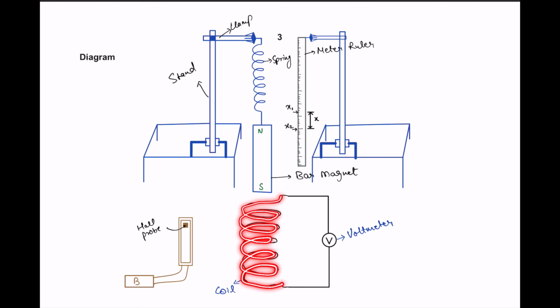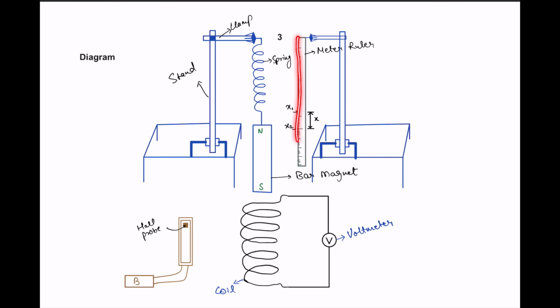That coil should be just vertically below the bar magnet, and this curved coil should have a greater radius than the bar magnet, so that the magnet can easily go inside the coil without any hindrance. And I have connected this coil with a voltmeter, because the voltmeter will give me the value of the maximum EMF induced in this coil when I displace the bar magnet.